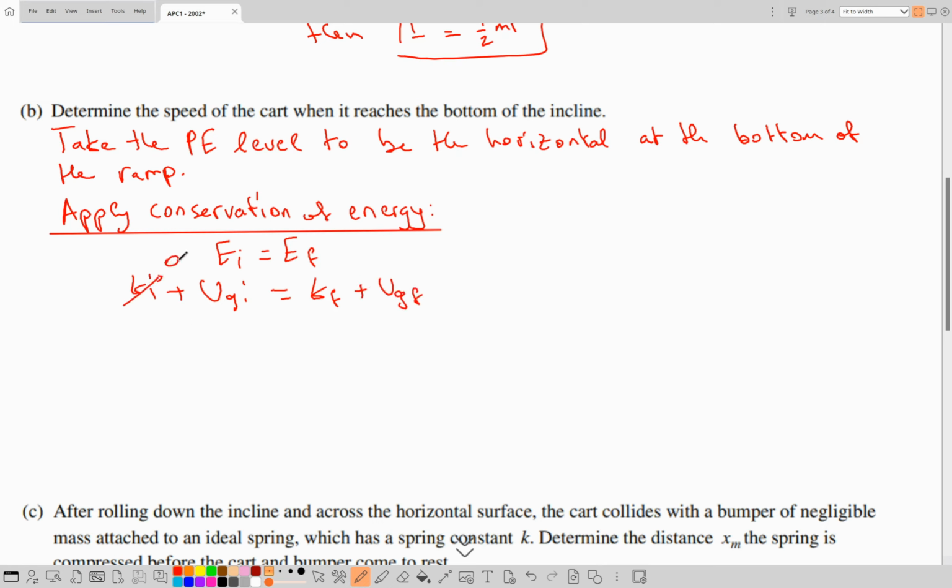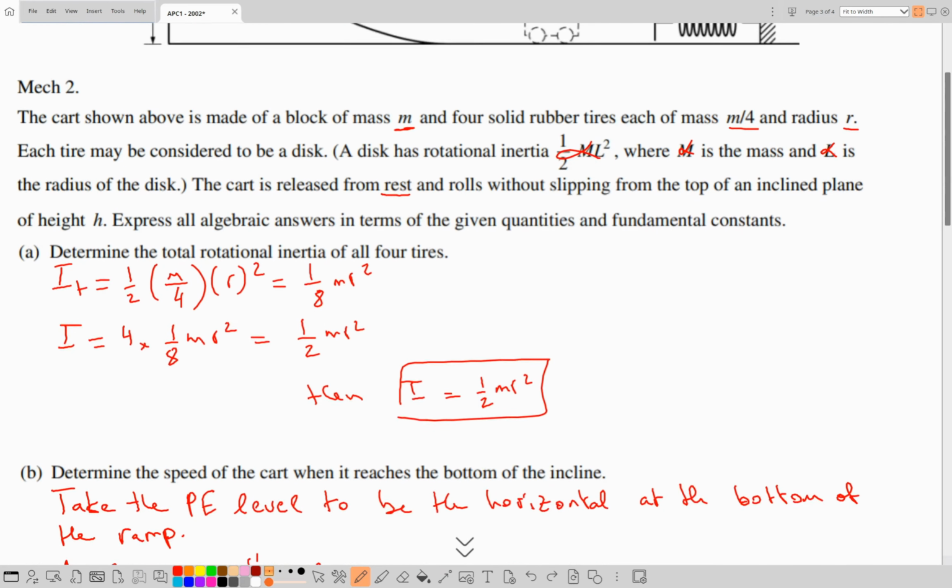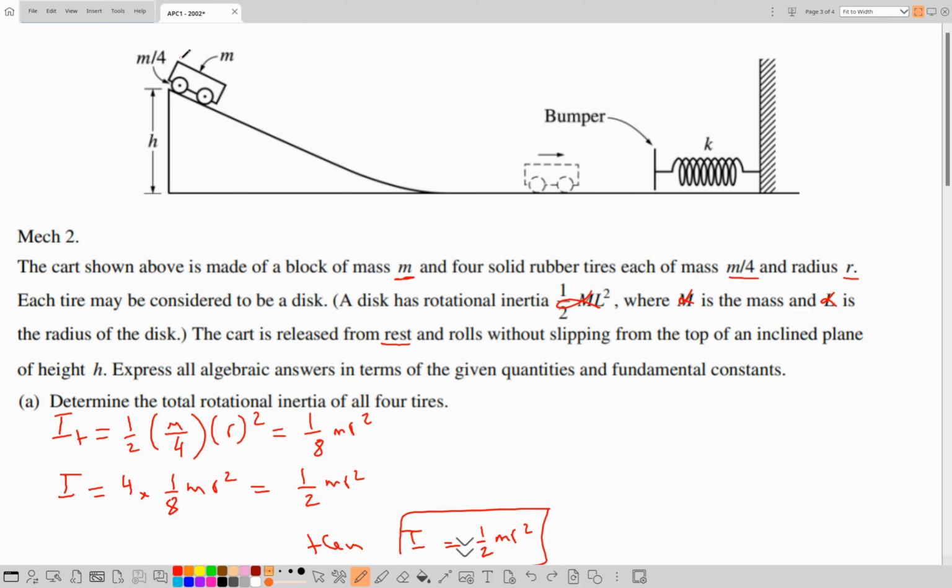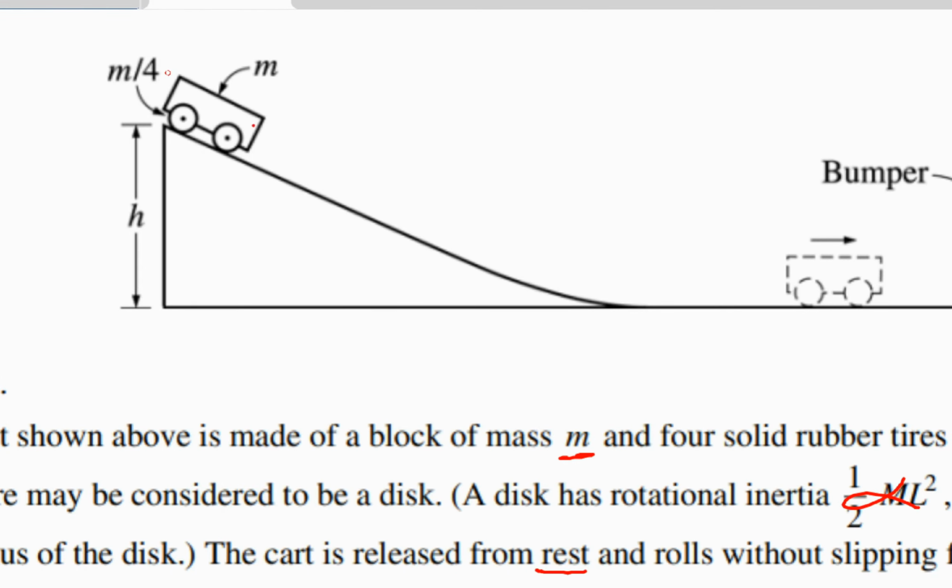Initially we don't have kinetic energy, and finally we are at the PE level. So now the initial gravitational potential energy is given by mgh, and here we need to pay attention very carefully. Now m should represent the mass of the whole system. The system consists of 2 parts: the cart itself, which is of mass m, and the masses of the tires. Each tire has a mass m over 4, so 4 multiplied by m over 4 plus m would be 2m.